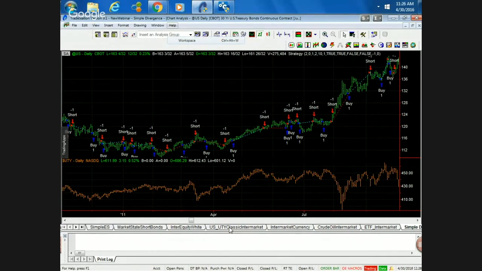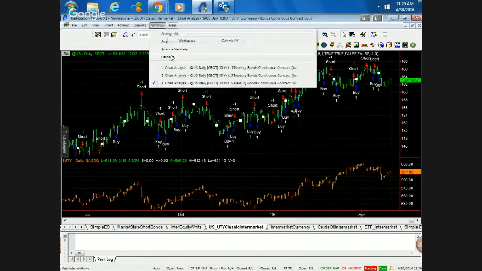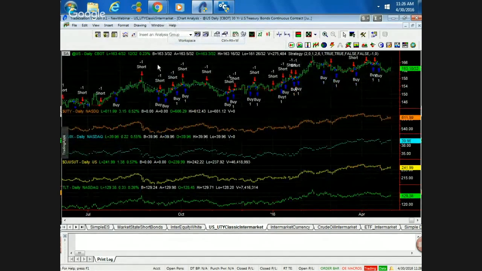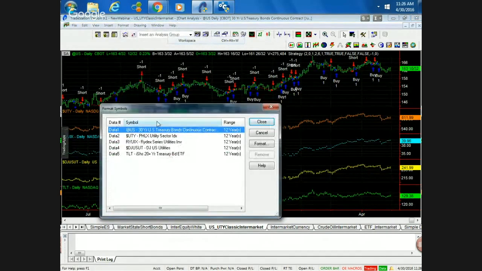Okay, I think this is the one. This shows what we just did. What I did here is I loaded a bunch of symbols. You can put up to 49 in here.